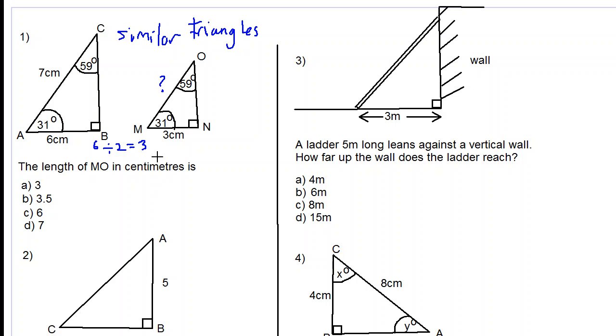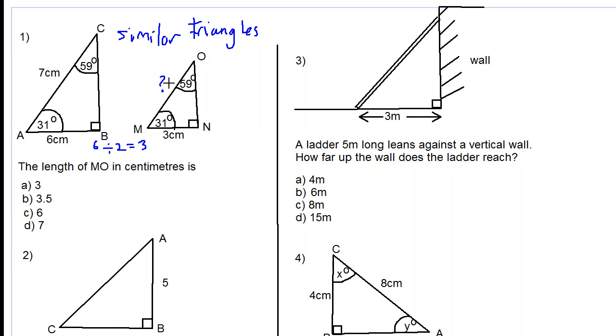We see that ABC is bigger than MNO, and AB is twice as long as MN. So AB is twice as long as MN, or MN is half the size of AB.